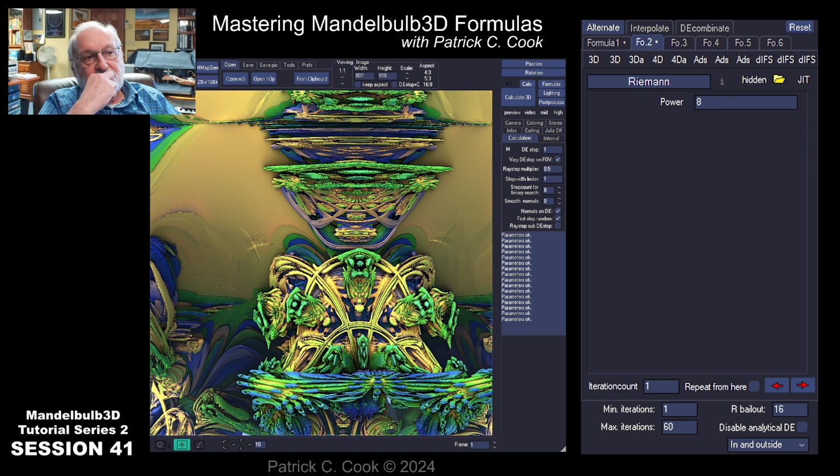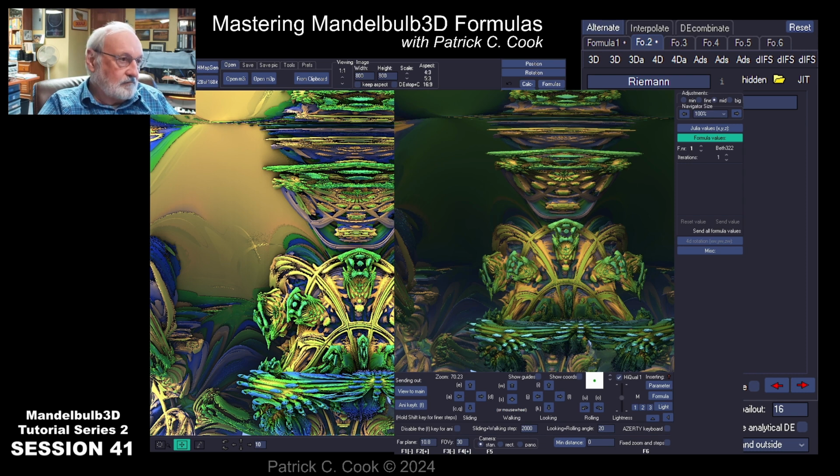Now that's very interesting, because what I've effectively done here is I've taken two Mandelbulbs, BF322 and Rayman, combined them or layered them in alternate hybrid mode, and then I used the navigator and really pulled in to see whether or not I could get down into the details. And it's looking interesting. Now let's go back over to the navigator. Turn it back on for you.